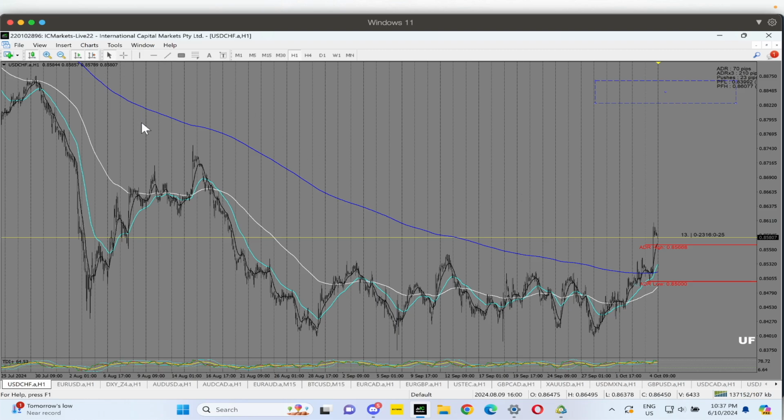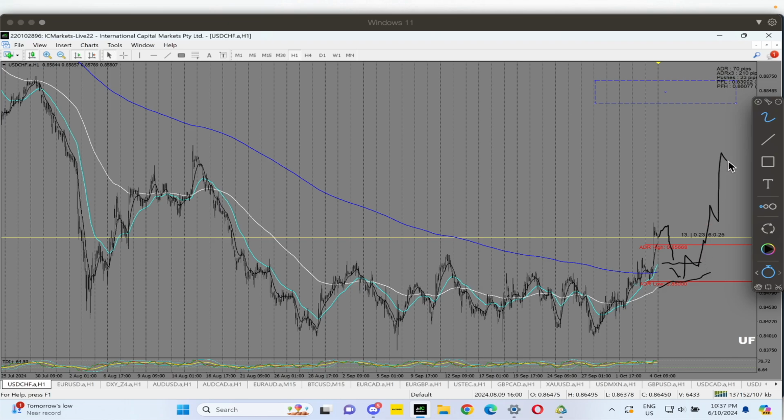So what I want to see, I want to see price actually coming back to the high, whether on a Monday or a Tuesday, and I want to see price then coming back either to the 50 EMA or to the 200 EMA and retrace there and then continue going up.